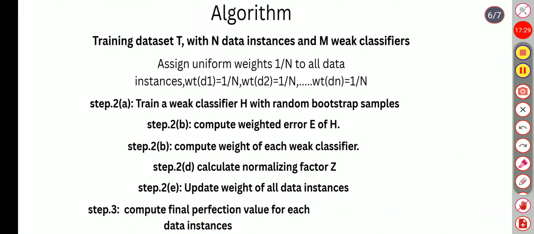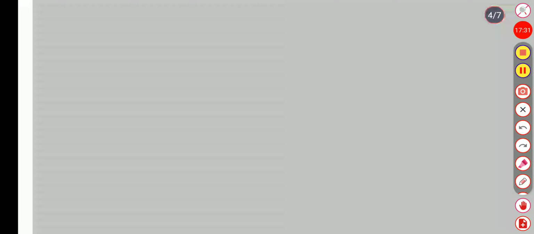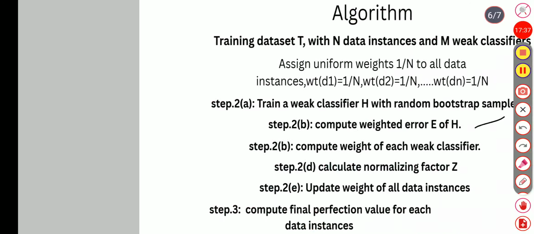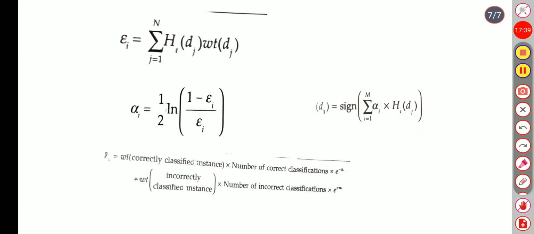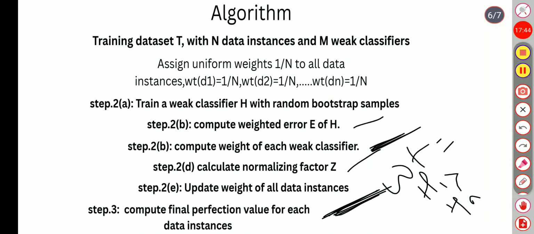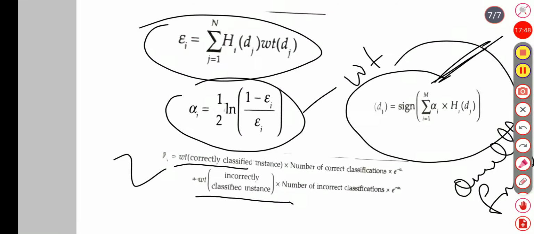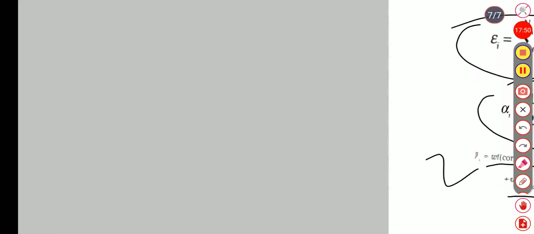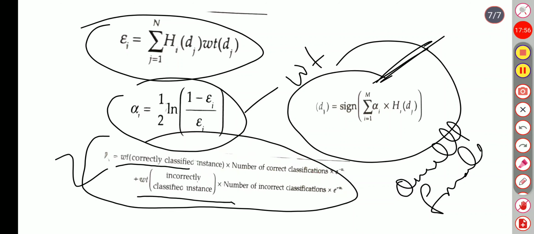And compute the weight of error. It means you need to find the weight of this error, and to find it we have a formula. See, this is the formula. Here the normalizing factor Z is there. You need to find the normalizing factor here, that is the correct instances plus incorrect instances added together.